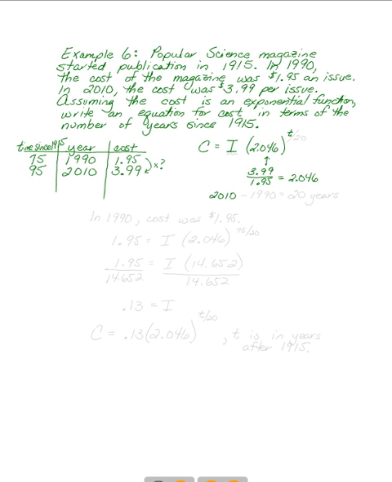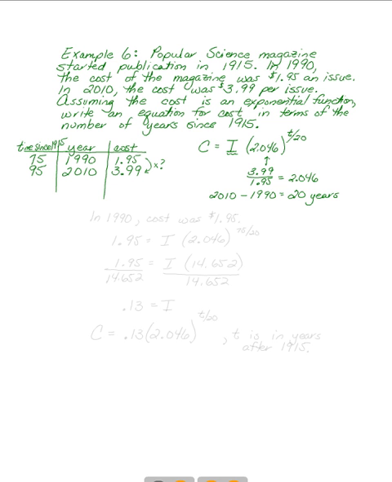So if we look at the difference between 2010 and 1990, this took a total of 20 years for that price change to occur. So we're going to go up here, and in our exponent, we're going to divide by the 20 years it took for the change to occur. Now we're almost there, but notice that we're still missing a very key part. We still don't know what the initial price was, so we need to go ahead and find that.